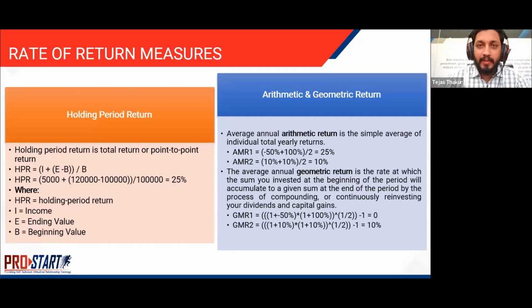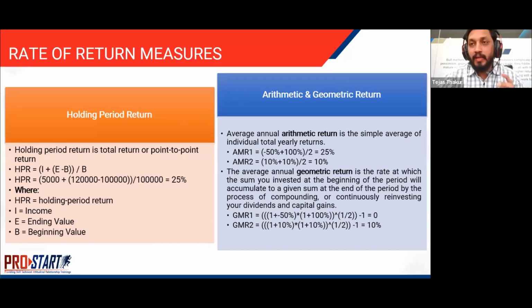Similarly, a second example which we have put over here is, if let's say 2 years are generating a 10% return, the arithmetic return is also 10%. Now, just to compare two portfolios basis the arithmetic return methodology. Now, these are questions that can come as a part of the case study or maybe independent questions also. But let's say there are two portfolios that generate returns as per AMR1 and AMR2.